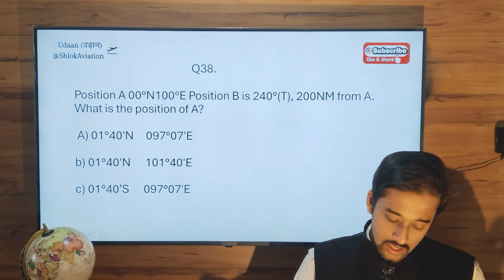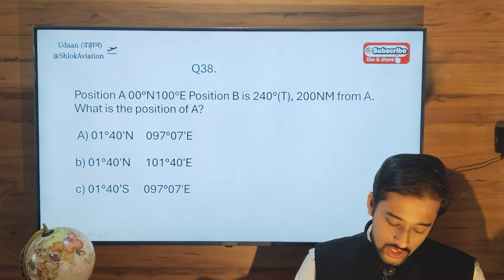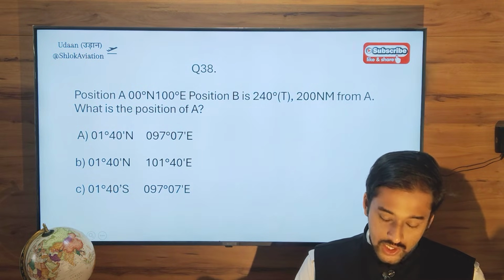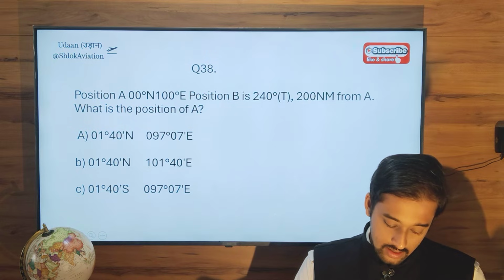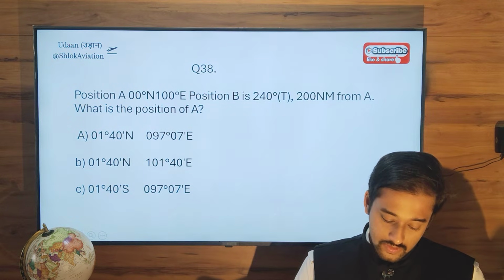Position A and position B is given. Position A is 0 degree north, 100 degree east.